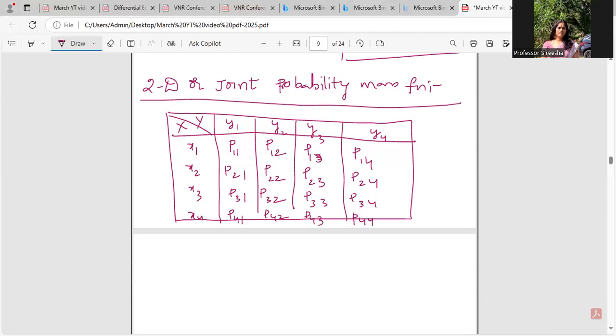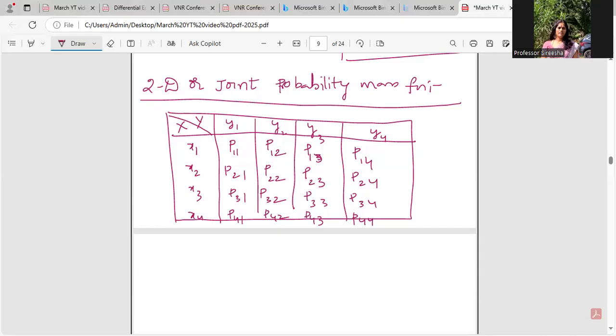Now, if I take the sum, they'll be called marginal probability functions. I'll just define them, but before going to it, just see how these are calculated.